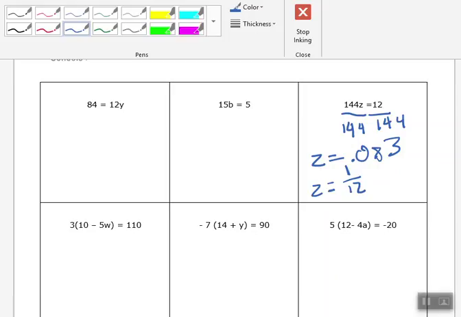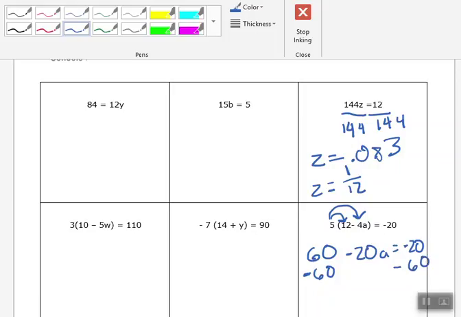Let's take a look over. We'll just go right below to this distributive property problem. I'm going to distribute the 5 to the 12 and to the -4a. And so I'm going to be left with 60 minus 20a is equal to -20. I'm going to subtract 60 from both sides.